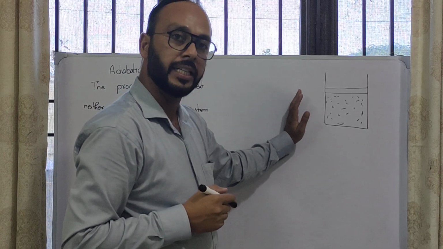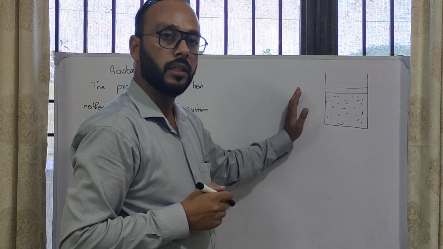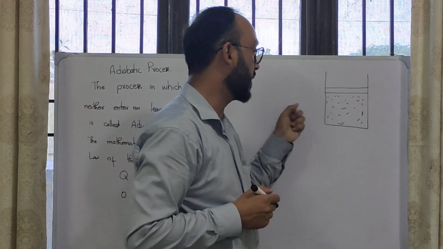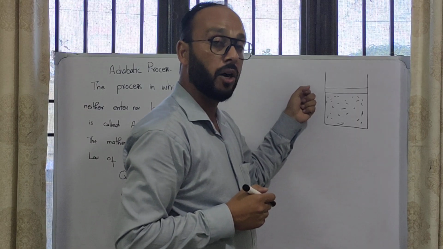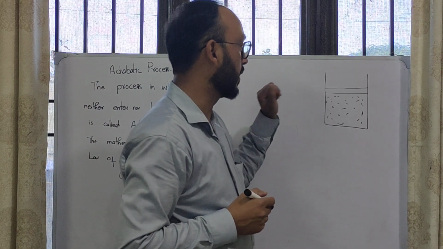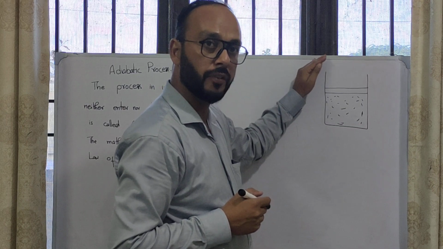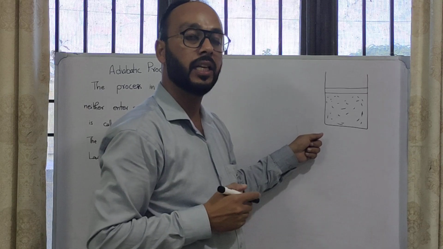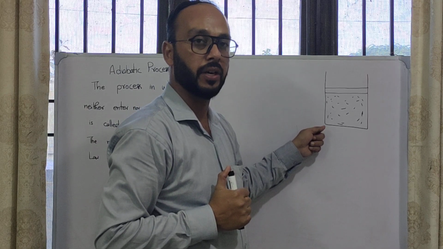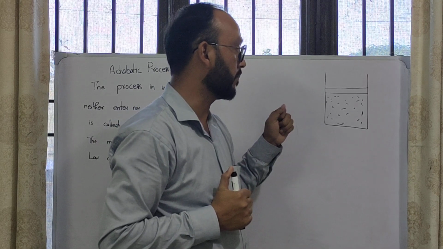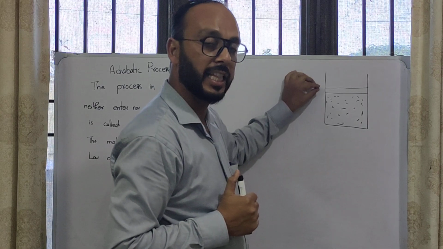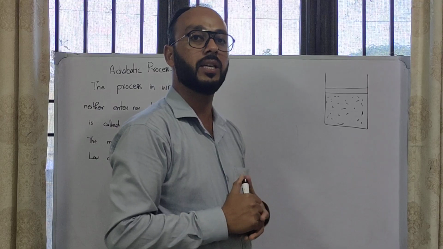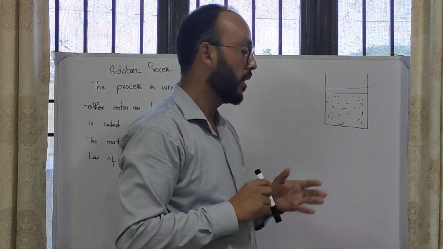In this cylinder, heat can neither enter nor leave the system. When the piston is moving in upward direction, what happens? As heat cannot enter or leave the system, while the cylinder is allowed to expand, the volume of the system is increased.